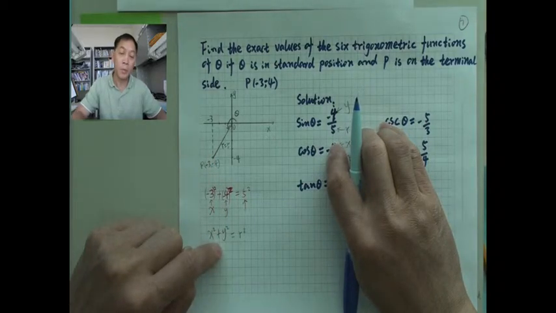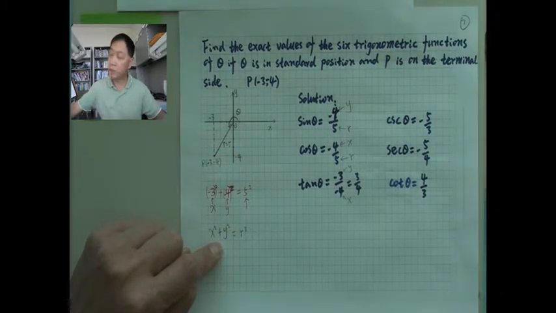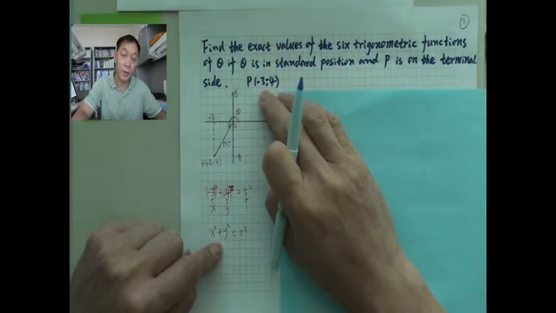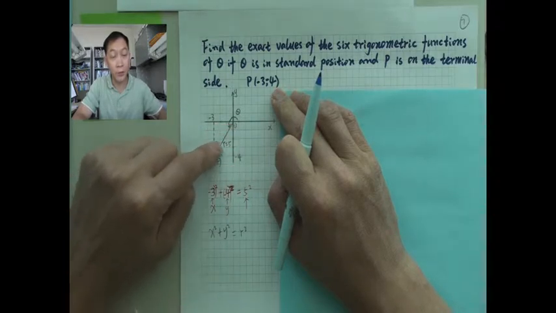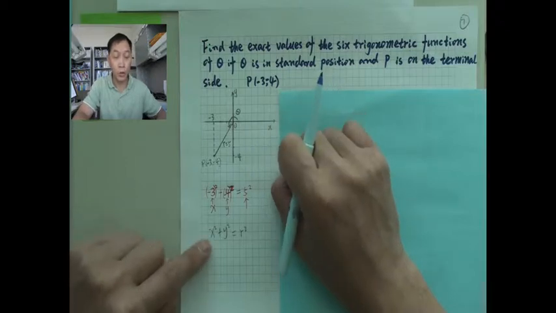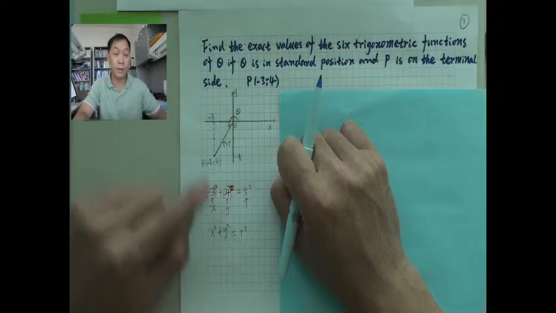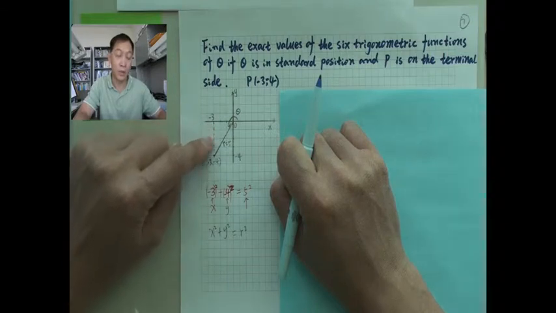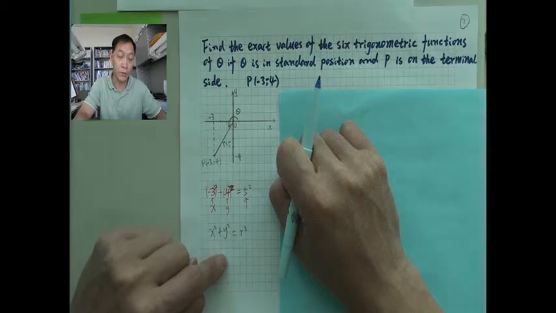Okay. Yeah, before we do this, we got to figure out, you are only given -3, -4. How long is this one? Hypotenuse. You know, x squared plus y squared is always r squared. That's the Pythagorean theorem. Okay, this is x, short leg squared, plus longer leg squared, is the square of the hypotenuse.